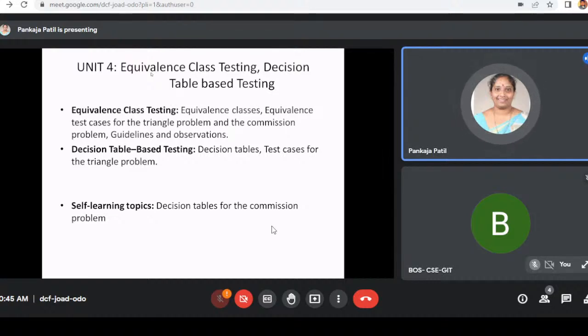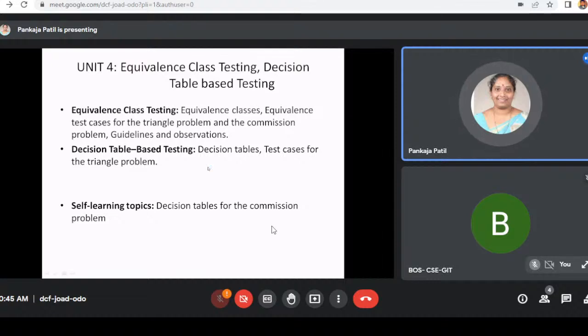So both the concepts are applicable if you consider the testing for a grading application. Right. Next, we are going to study about decision table based testing. So these are the two different concepts which will help you in testing the software.